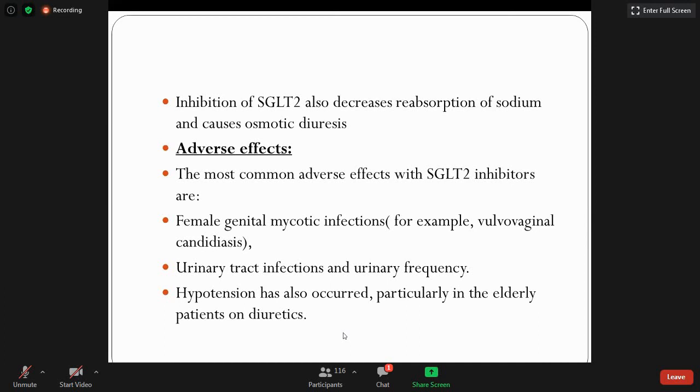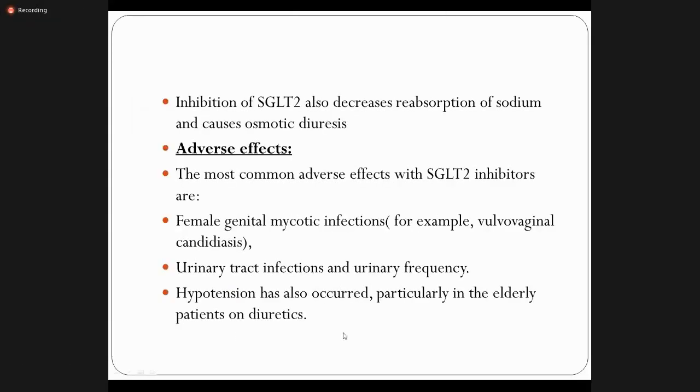So if we inhibit this transport system, now there is no check related to glucose excretion. So excretion of glucose in urine will increase. So in diabetes, where we cannot control the excessive glucose level by conventional oral hypoglycemic drugs, we can use this drug, right?